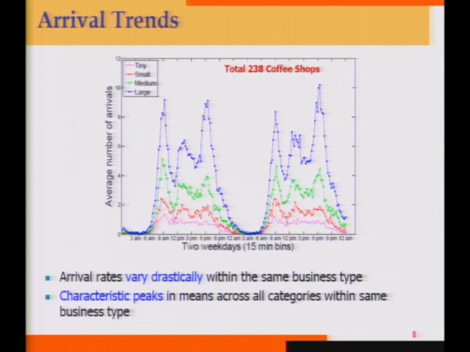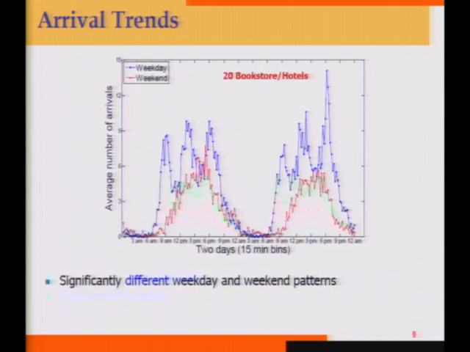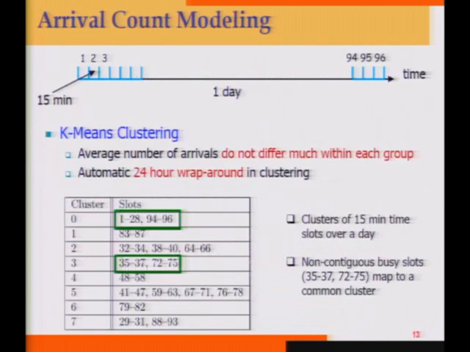We also want these to belong to the same cluster because they are peaks at almost equal values. These are slots number 35 to 37, which correspond to about 12 noon, and this one is in the evening. So this clustering gives us a nice way to combine the slots that have a similar number of arrivals within a day.